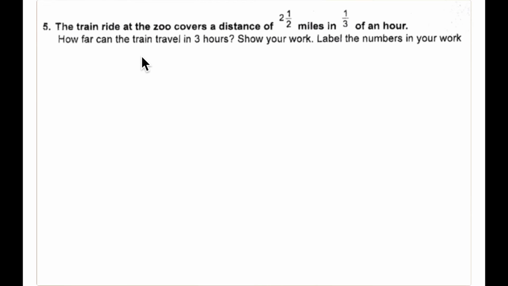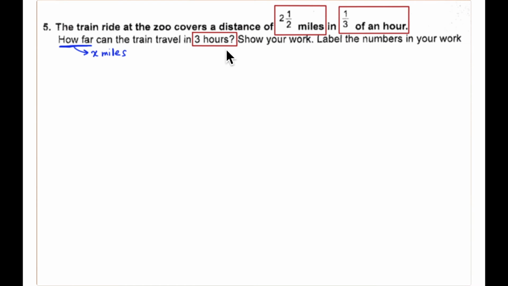In problem number 5, a train travels a distance of 2.5 miles in 1/3 of an hour. And so you want to know, how far does that train travel in 3 hours? Now remember, so 2.5 miles, 1/3 of an hour, 3 hours. And so how far you travel in 3 hours is going to be x number of miles.